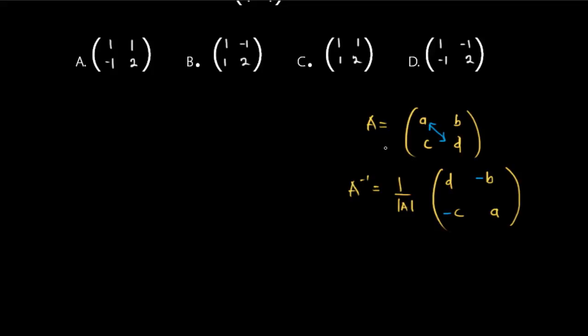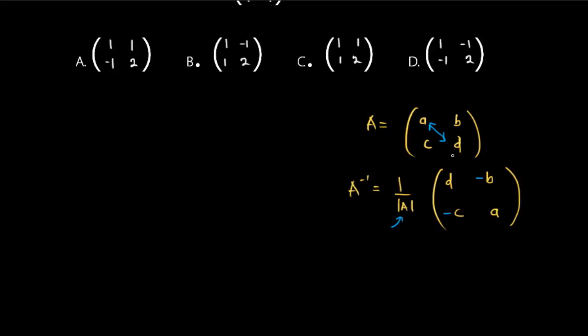So again, if you have a 2 by 2 matrix, and you're told to find its inverse, the first thing you do is find the determinant of the matrix itself, then you find the reciprocal of the determinant. Now multiply the reciprocal of the determinant by this matrix here. What you have in this matrix is the same entries, but a permutation of their positions.